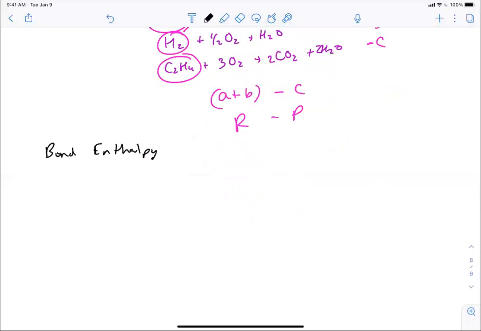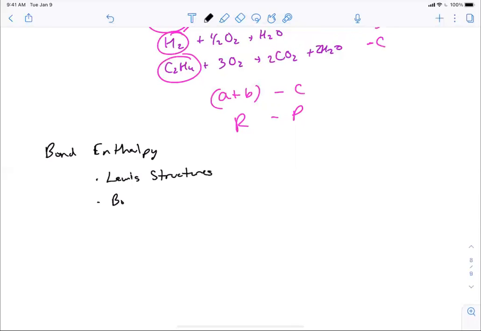Bond enthalpy. Okay. This one, I think the IB likes the most because it takes into account various pieces of knowledge that you have to know to be able to do this. And what I mean by that is, one, you have to draw Lewis structures.